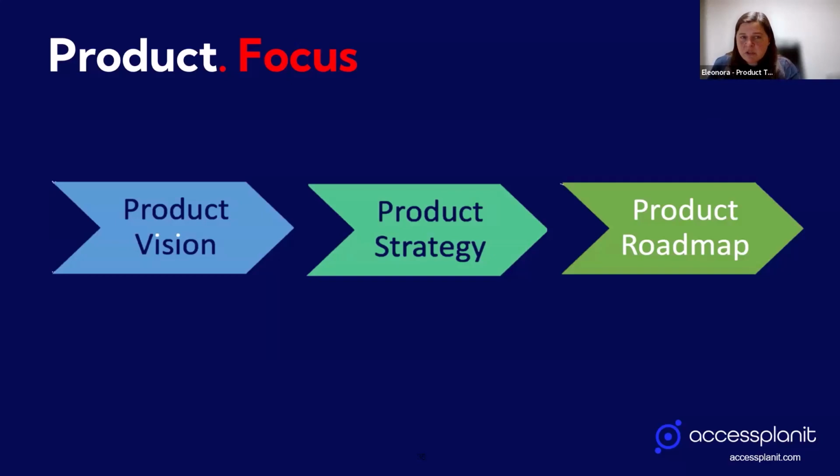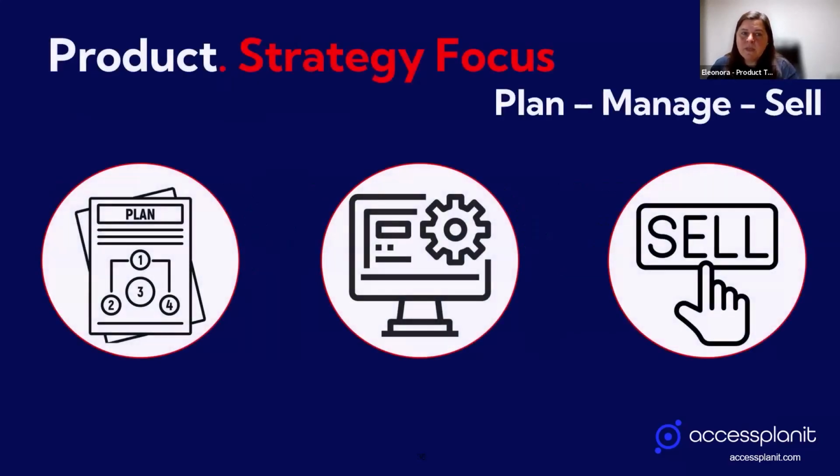Our strategy has two key themes that we're focusing on in 2024. The first one is plan, manage, sell. This is a big focus on what is core to accessplanit, making it strong, with a big focus on automation and configuration to make your life easier, so you can do everything in accessplanit and configure it to your business needs.